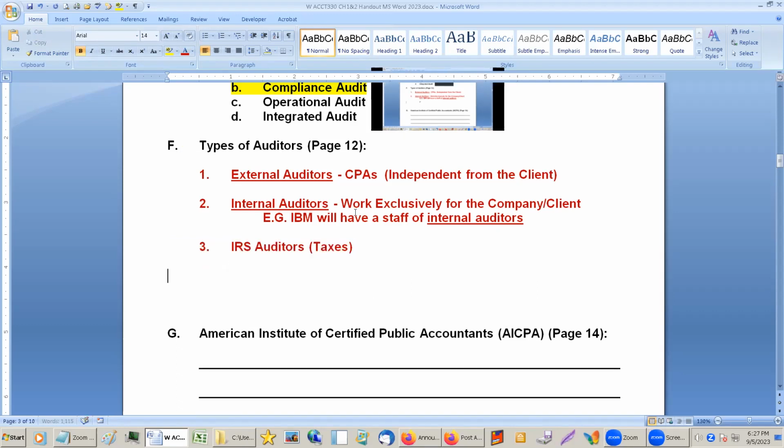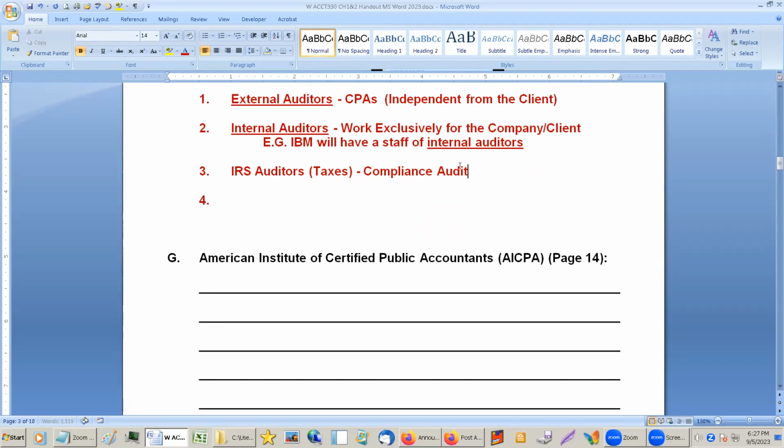What they will do is take someone's tax return, obviously, and check to see if they are complying with the tax code. This would be a compliance audit.